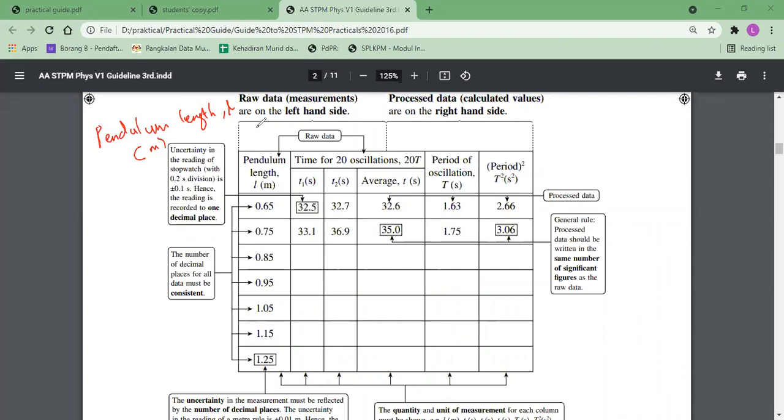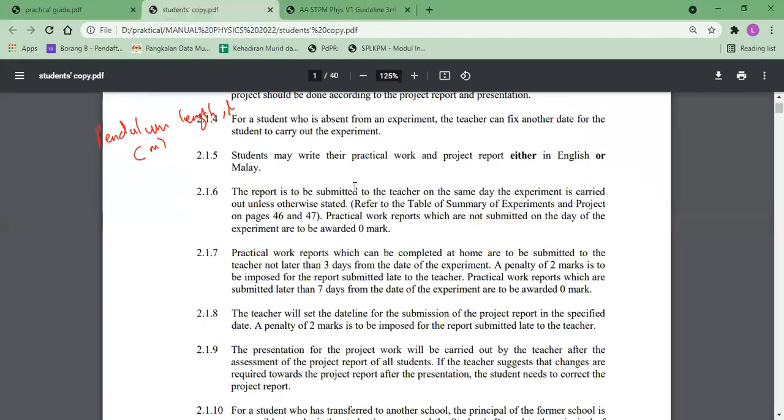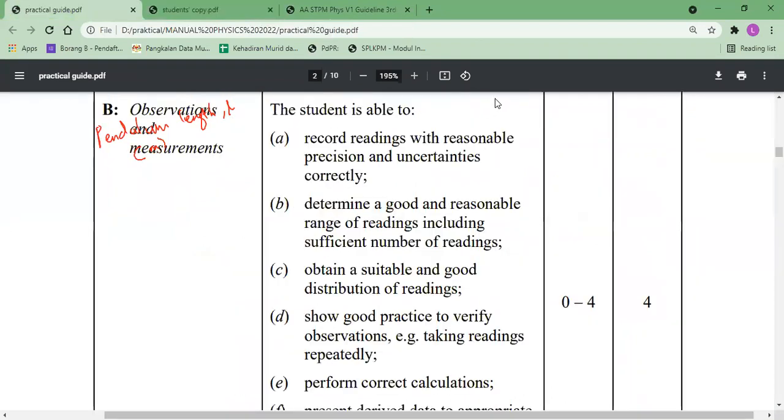That is how we write the quantity. After that, I clean it.